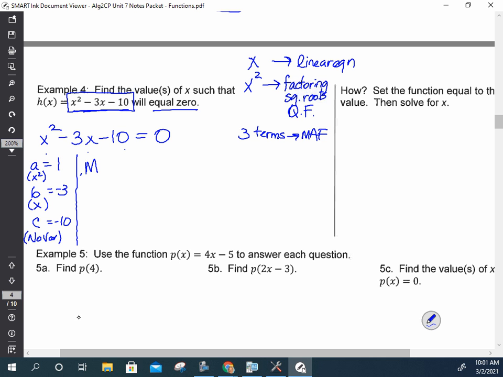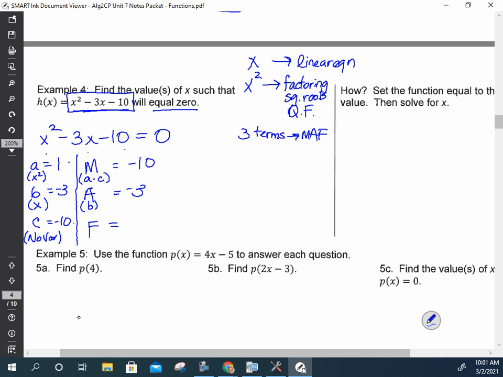So for M, you multiply A times C. So 1 times -10 is -10. A is just rewriting the B value. It's -3. So as for the numbers, we need two numbers that multiply to -10 and add up to -3.